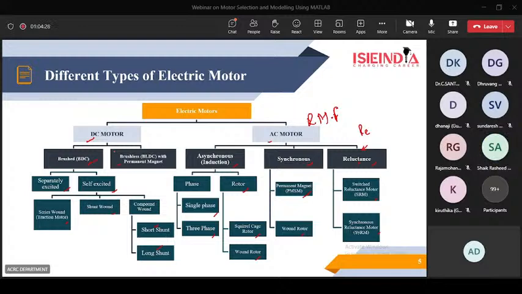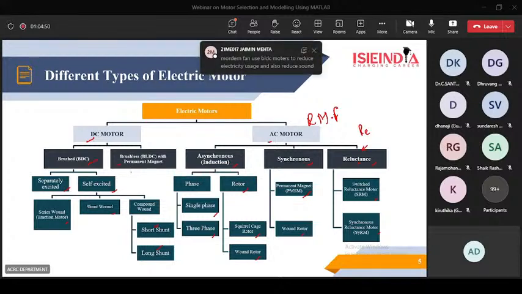On the rotor we have permanent magnets, and the windings are on the stator. Because of the attraction between the windings and the permanent magnet, there is the rotation of the rotor inside the BLDC motor.